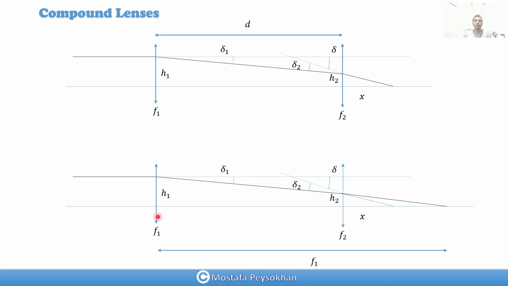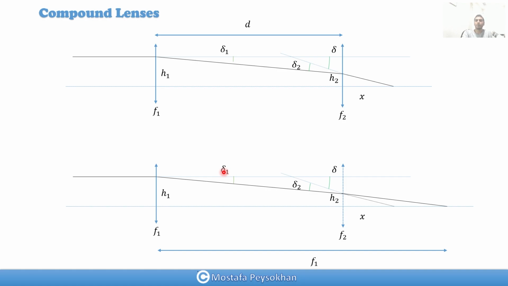That's the definition of the focal point: when a beam from infinity, parallel to the optical axis, hits the lens and then crosses the optical axis, the distance is the focal length. So we have lens 1, and that's the focal distance. This beam goes to the optical axis, and this angle we call delta 1.